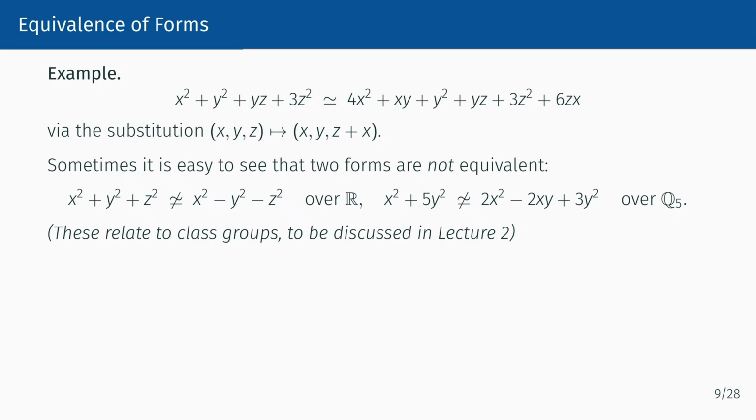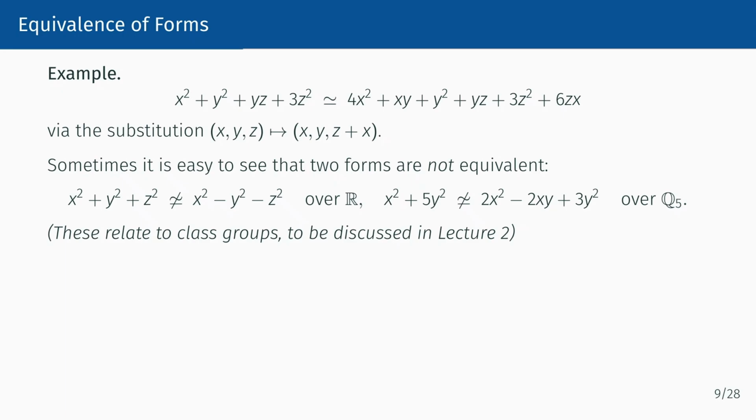For the other forms, like x squared plus 5y squared and 2x squared minus 2xy plus 3y squared, they're both positive definite, so that wouldn't work, but they're still inequivalent. That might not be trivial to see at first, but if you look at x squared plus 5y squared, you'll notice easily that if you plug in integers, you only get things that are squares modulo 5, because of the 5.